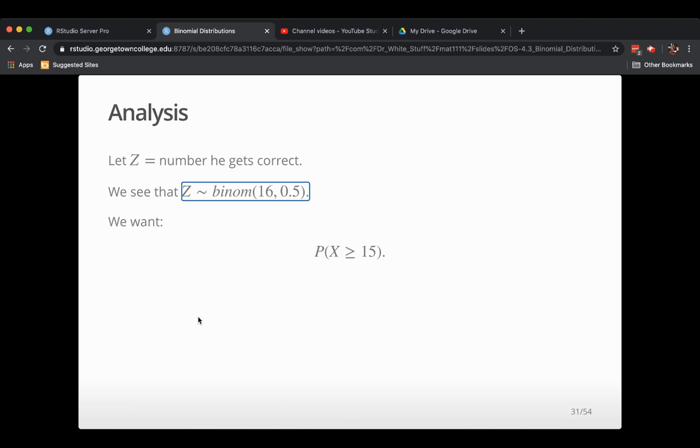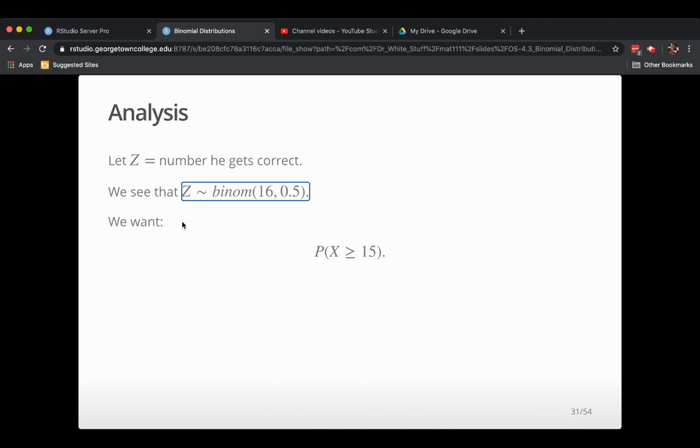There are 16 trials. Every time he has to make a choice between the buttons is a trial. There are two outcomes, success and failure. He pushes the right button, or he does not. There's the same chance on each trial, his chance of success, and if he's just a random guesser, that chance is 0.5.